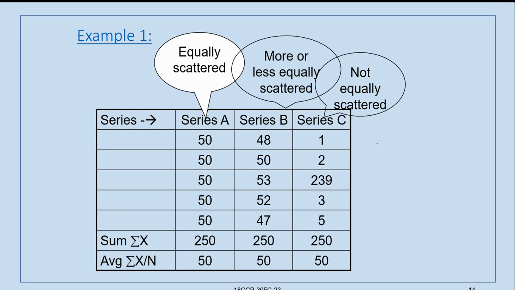So the sum of the series is of course 50 into 5, that is 250, and the average of course is only 50, because 250 by 5 is 50. So it is uniformly spread, equally scattered, and the mean, median, mode calculated for this series will also be 50 only, right?